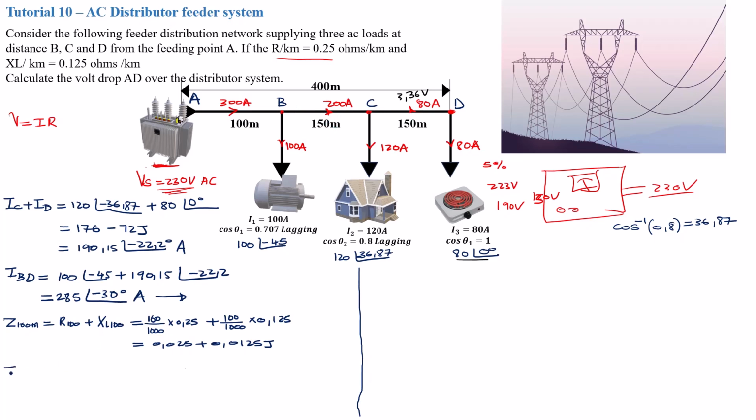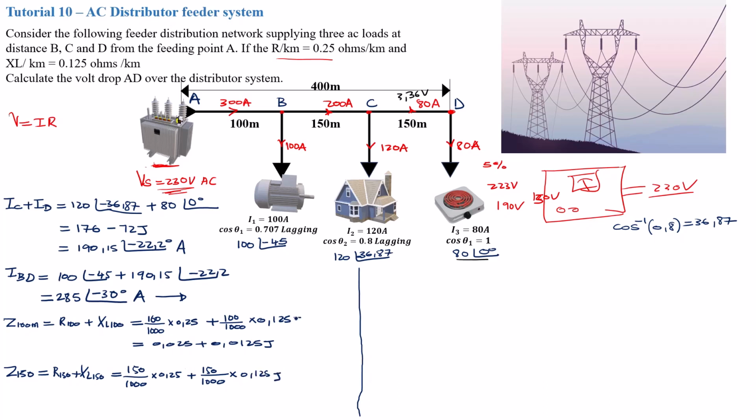So Z_150m is going to be R_150m plus XL_150m, which is equal to 150 divided by 1000 times the resistance 0.25 plus 150 divided by 1000 times 0.125j.